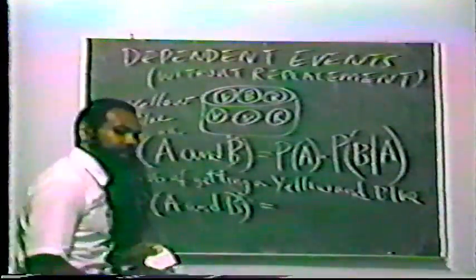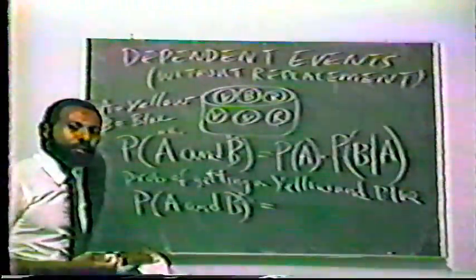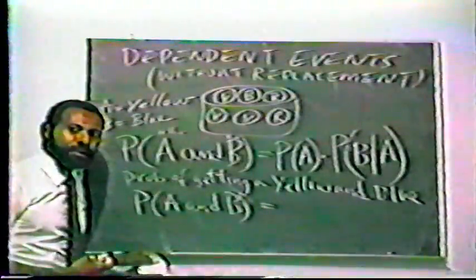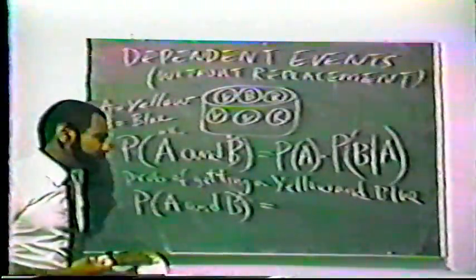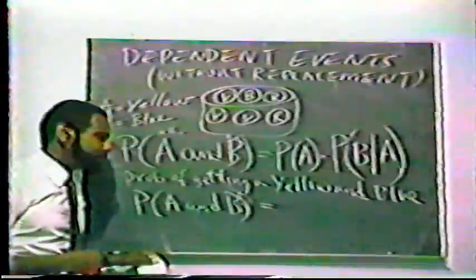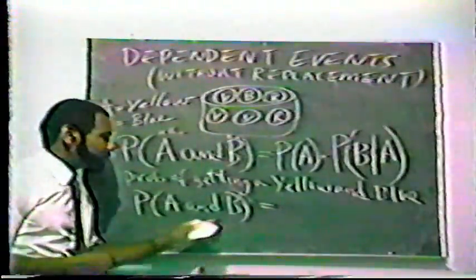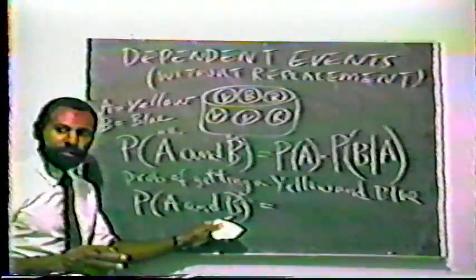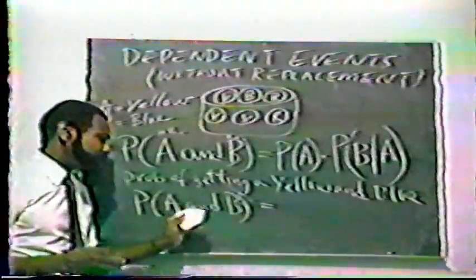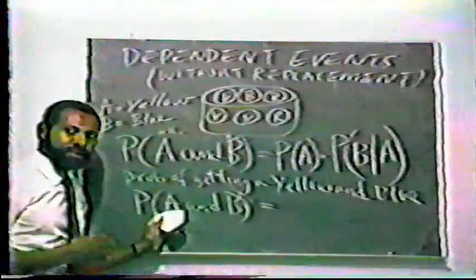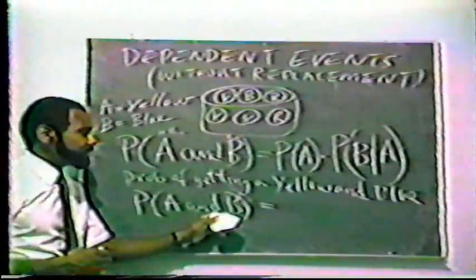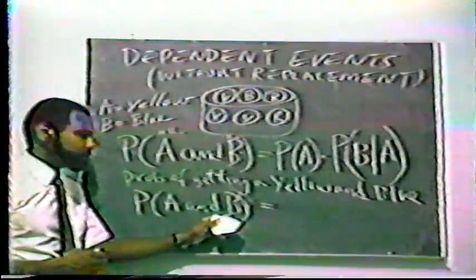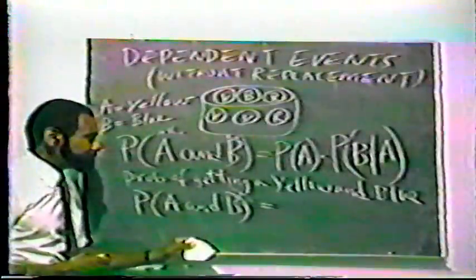And of course we are saying in 2 trials, or we want a sample of size 2. And we're finding the probability that one of the balls in the sample is yellow and one of the balls in the sample is blue.